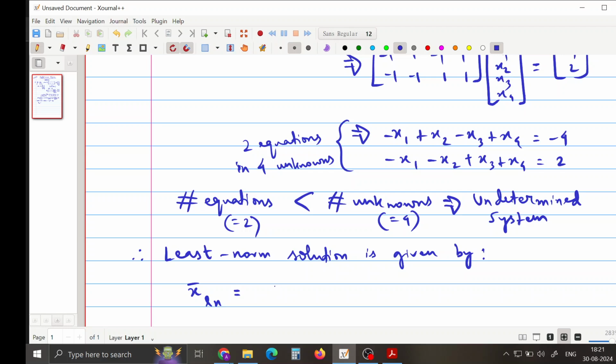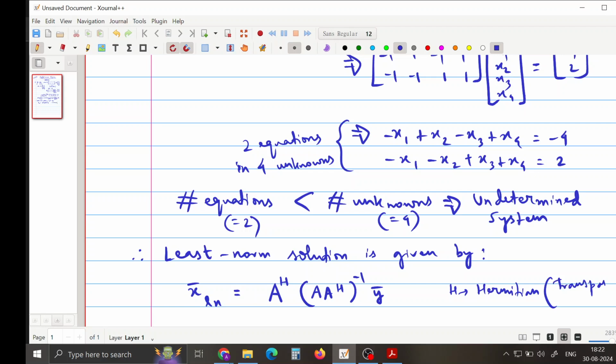So that's given by the coefficient matrix A Hermitian times A A Hermitian the whole inverse times y bar. And what is Hermitian? It is the transpose conjugate. So you take the complex conjugate of all the entries of the matrix and also take the transpose. Doesn't matter in which sequence you do, you either take the transpose first and the conjugate next, or vice versa. So that's the Hermitian, which is the transpose conjugate.